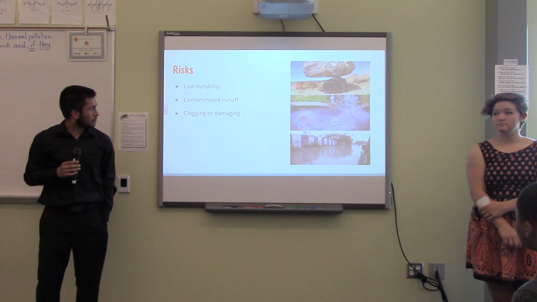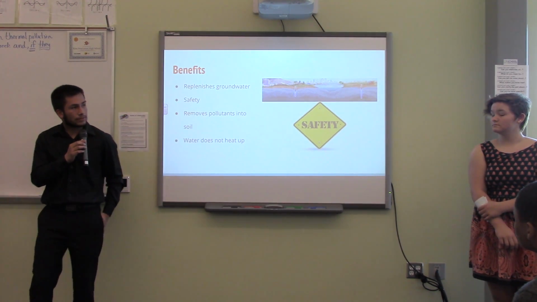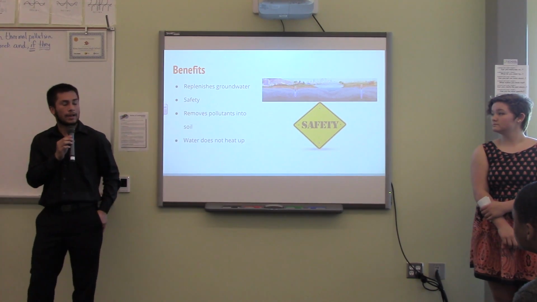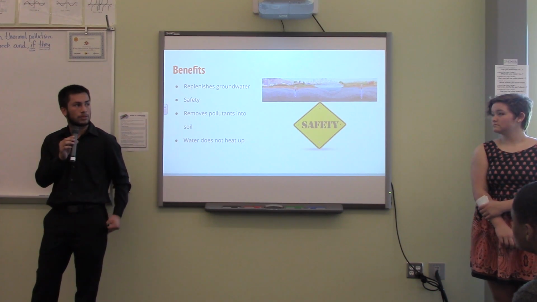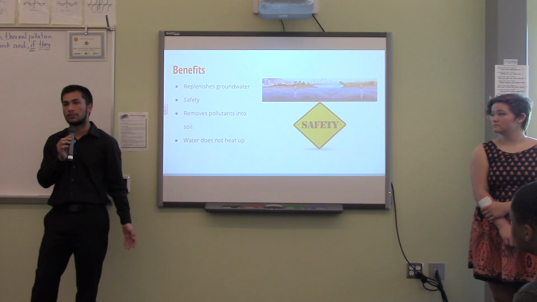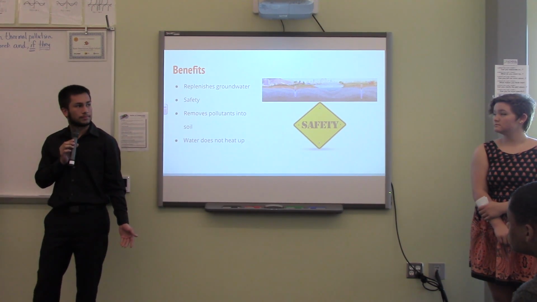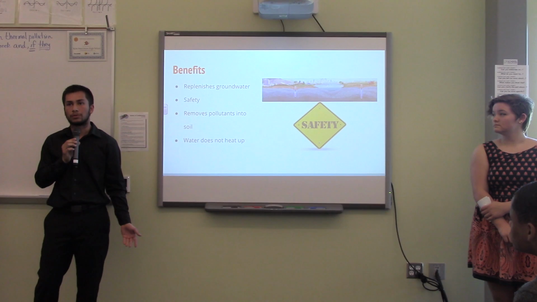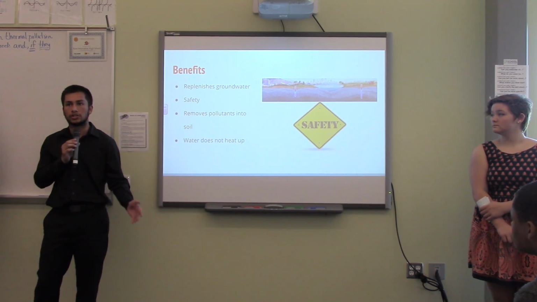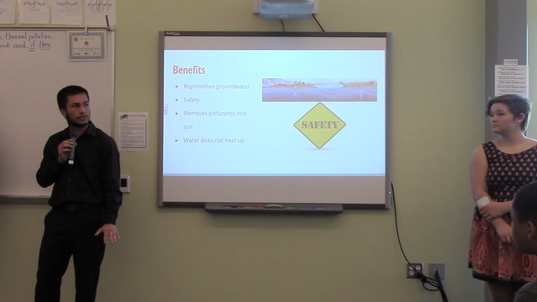Some benefits of having pervious surfaces: it would replenish groundwater, which would be good for aquifers. Safety issues would come about, such as black ice during the winter. But with pervious surfaces, the water can just drain down through and then go into the soil.